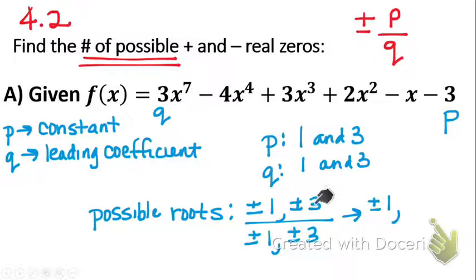And now you take that 1 and you divide it by 3. So 1 divided by 3 would be 1/3.